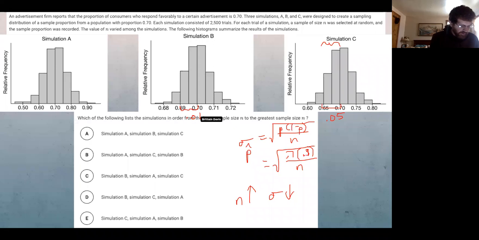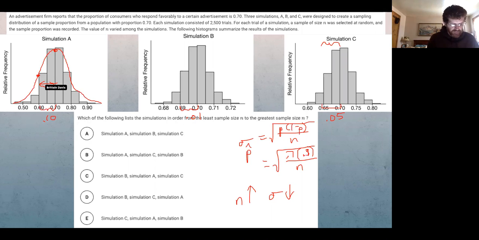And this right here is going to be 0.10. Again, notice that what I'm saying here for the standard deviation goes from the inflection point, which is about right here, to the mean, which is right there. So that's why I'm looking at that gap. And that distance is what I'm measuring for each one of these distributions, which is really not different, except in the numbers at the bottom.